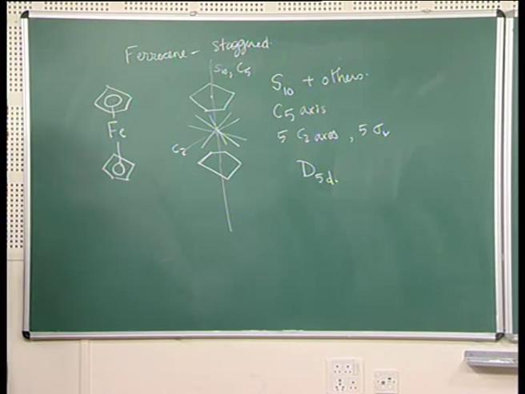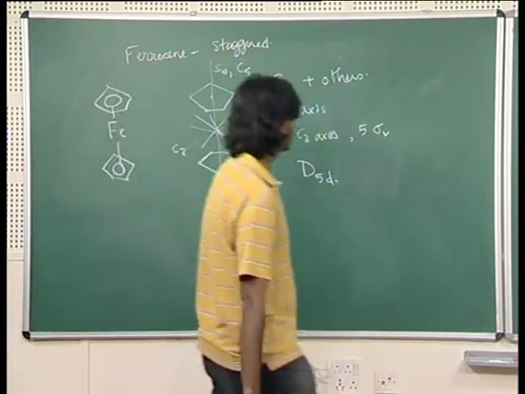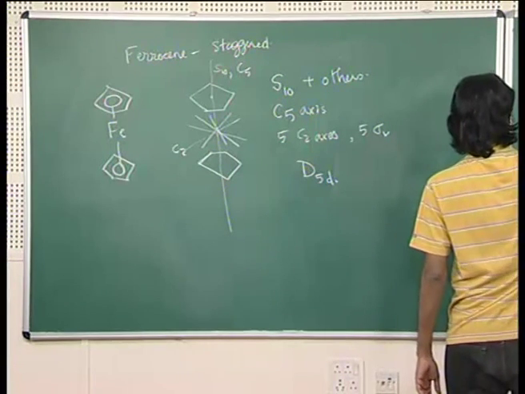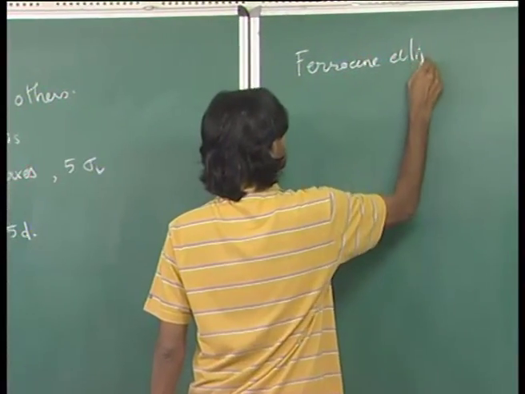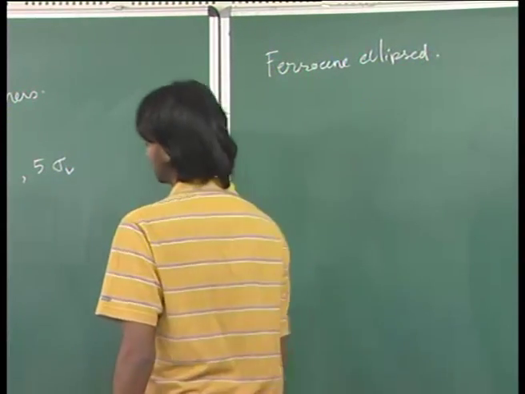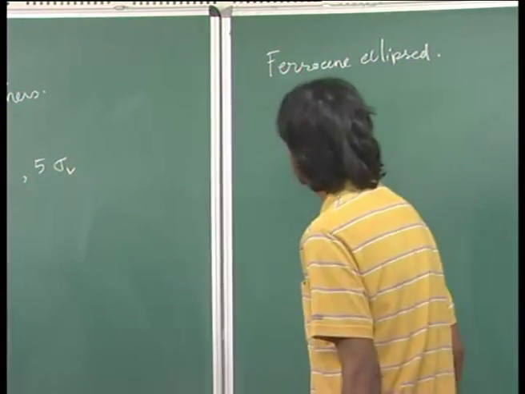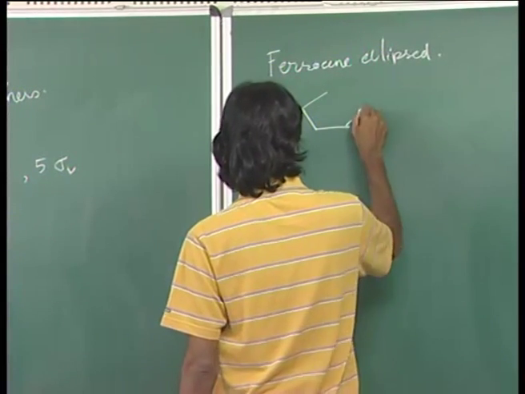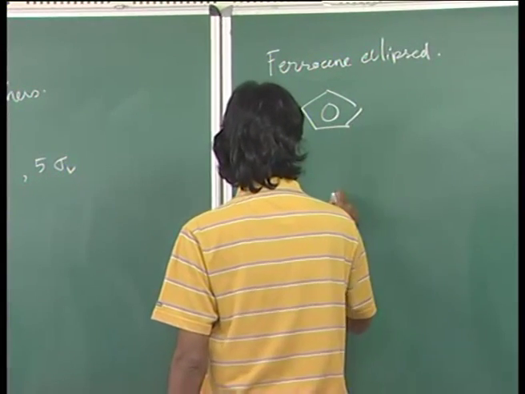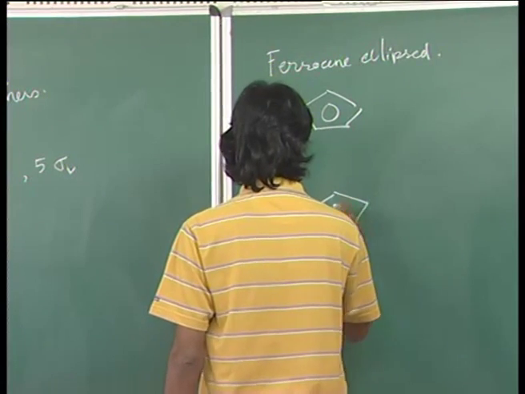Now what about the eclipsed conformation? What about ferrocene eclipsed? In the eclipsed conformation, you have essentially something like this.